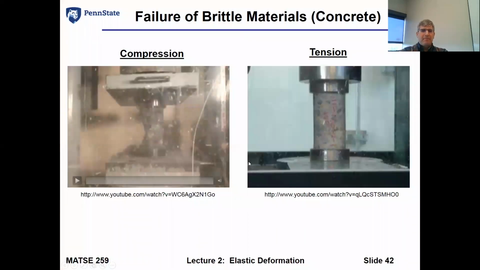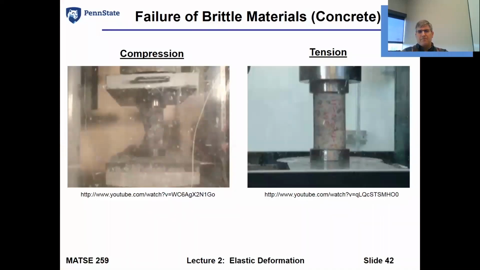Rather dramatic. And since it's not a very long video, we'll show it again. Unlike the brass, where you saw necking and a lot of plastic deformation, do you really see anything happen before the concrete, for the most part, explodes? Even in compression, you really don't.